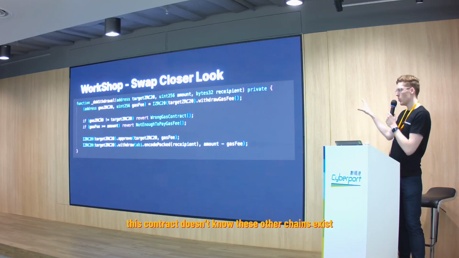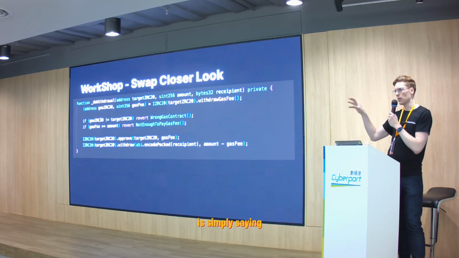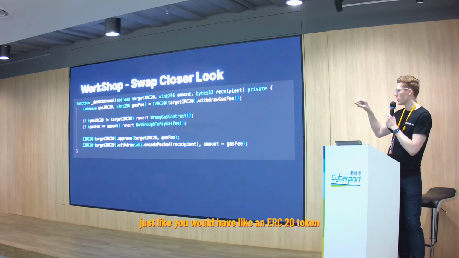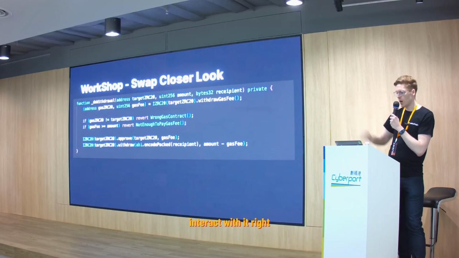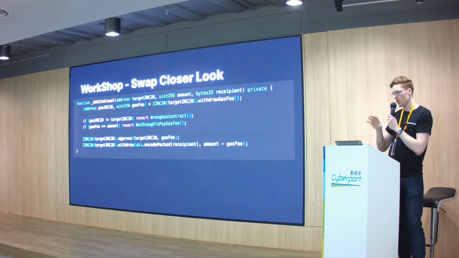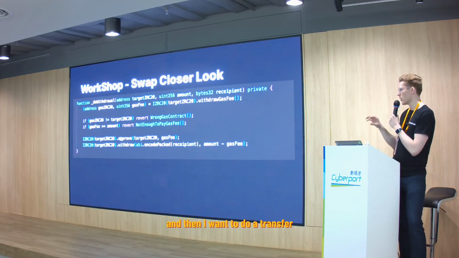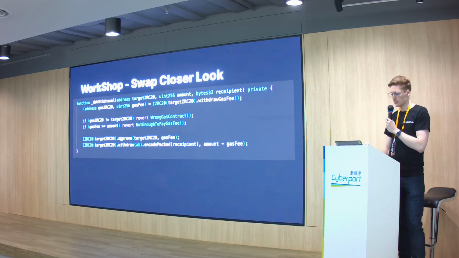This contract doesn't know these other chains exist. It is simply saying, just like you would with a regular ERC20 token, here's the address, interact with it, right? I want to approve the user for transferring it, and then I want to do a transfer.